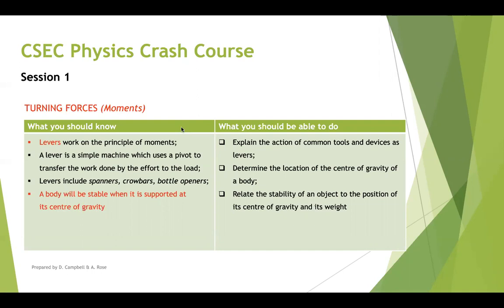If we have something that is irregularly shaped, then we would have to experimentally determine the location of the center of gravity, and we can do so by using the plumb line method. A key thing to note is that the stability of an object is directly related to where the weight is and the center of gravity. So if a body is pivoted or supported at its center of gravity without any other forces acting on it, then it is going to be balanced or stable.